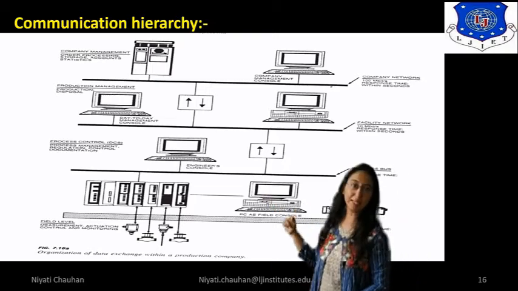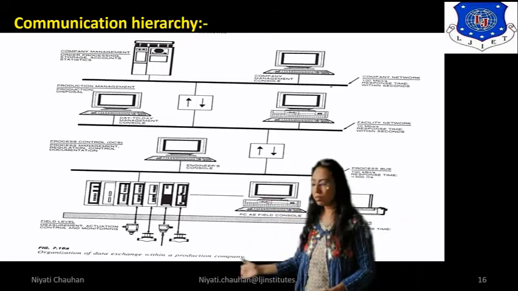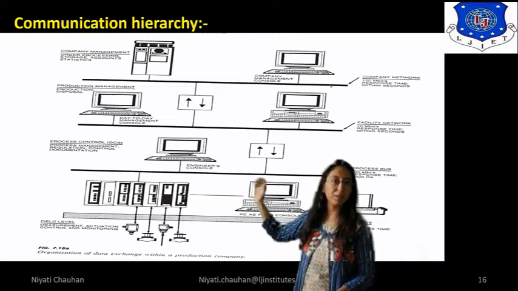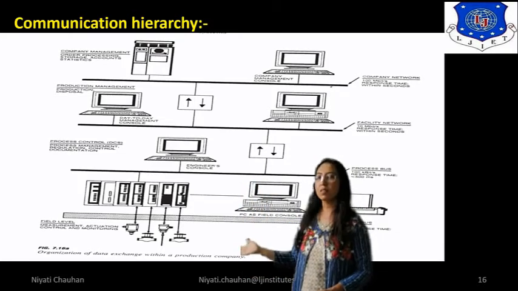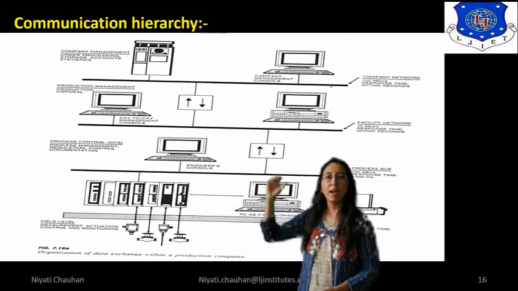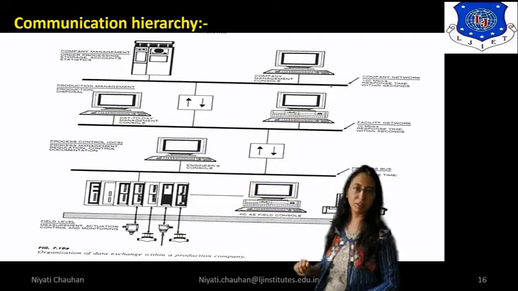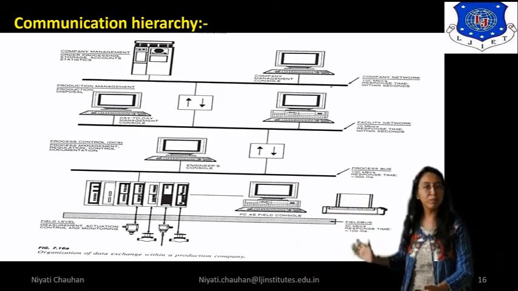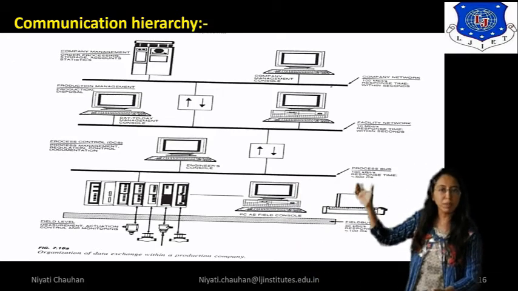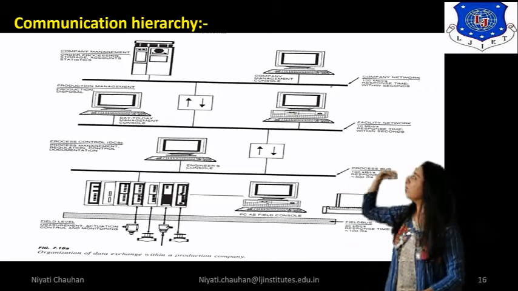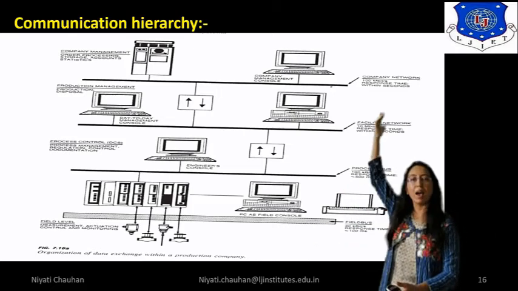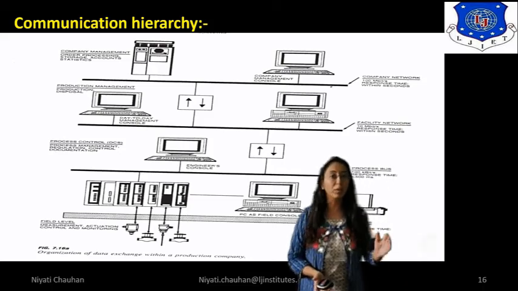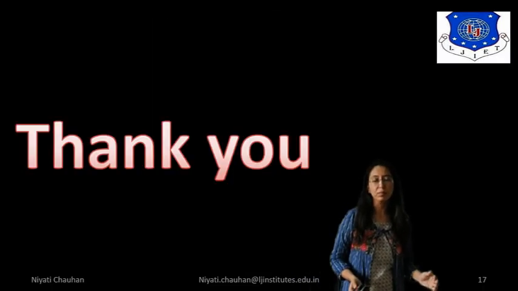In this diagram, first the field level, then the field level devices are connected with process control, then production management, and at last company management. In the field level, we have connected field buses, then Profibus, then facility network, and at last company network. So here we communicate our whole system.